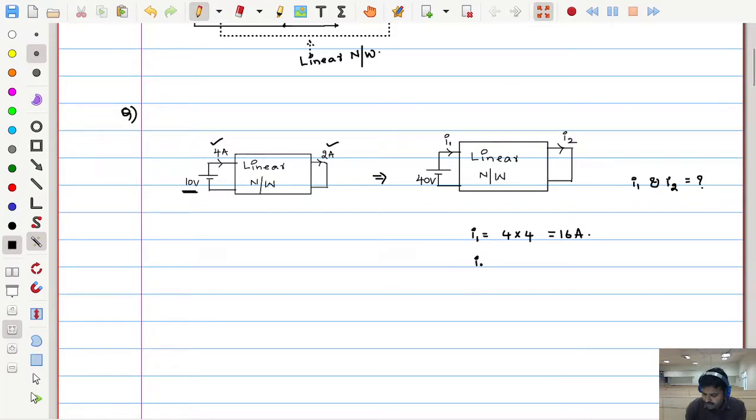The previous current at the I2 location is 2 amperes, the multiplying factor is 4, so I get 8 amperes. In this way, by utilizing the homogeneity principle, we can find the unknown currents I1, I2 if some inputs are given in this manner.